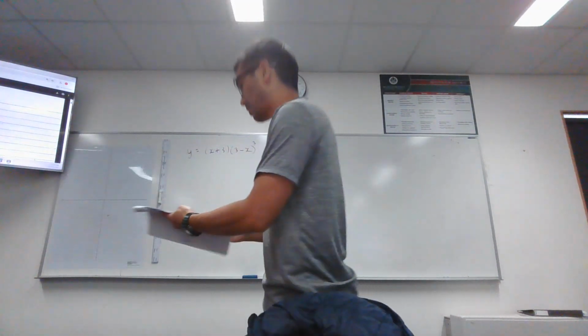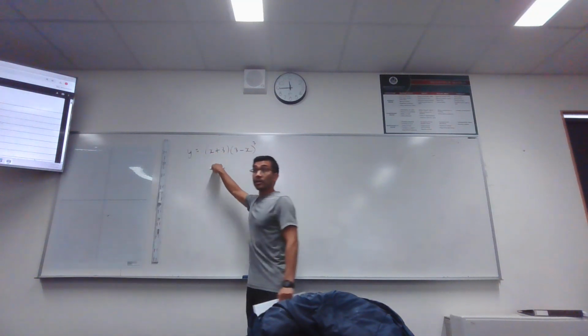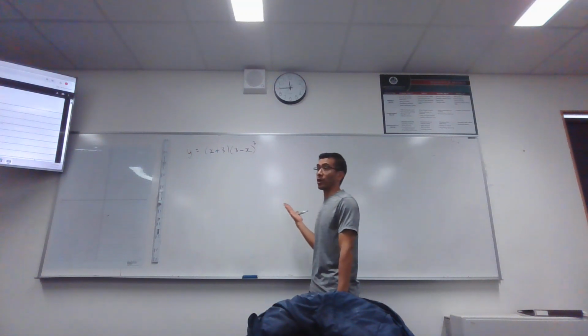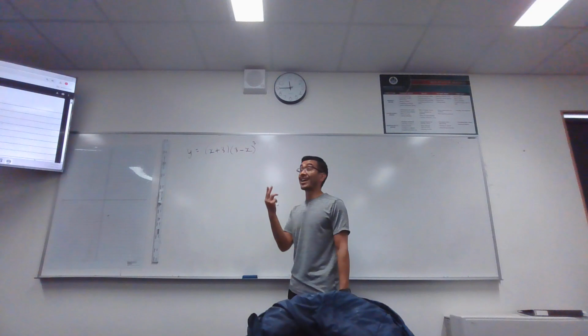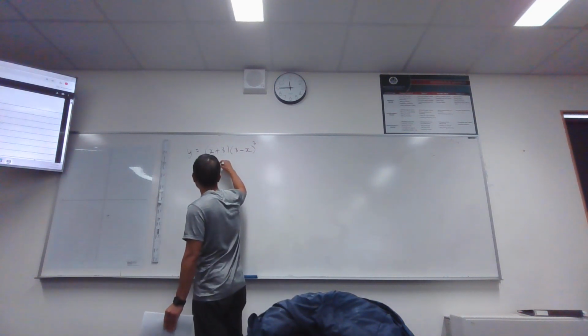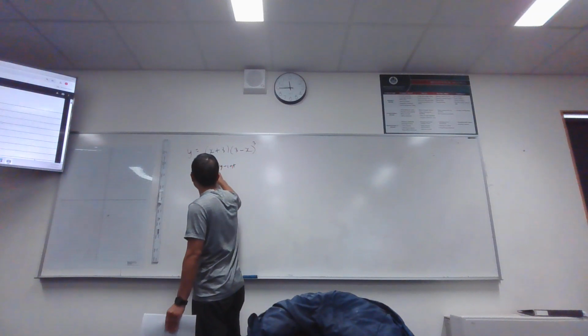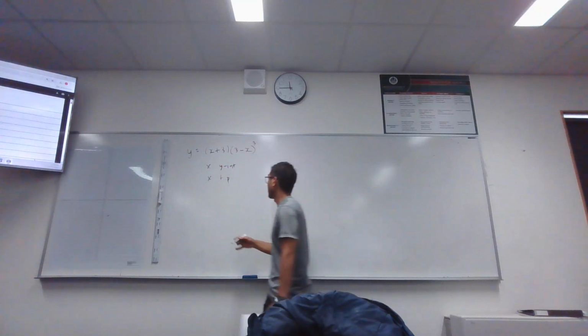Okay, we're going to sketch this one here. In this form, what can't we read off straight away? The y-intercept and the turning point. So y-intercept, not great. Turning point, not great. But what can we? X-intercepts, thank you, Nathan.